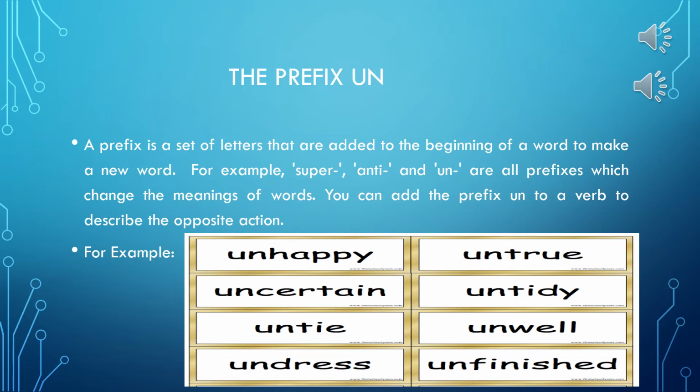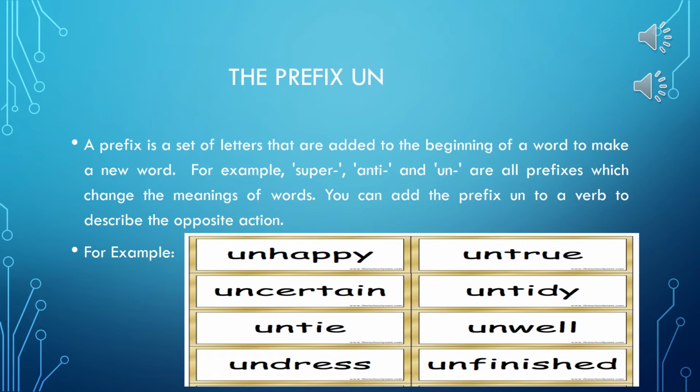There are other words as well, like uncertain, untie. Like when I say, tie up your laces. When you go to school, you tie up your shoelaces. When you come back from school, you untie your laces and then you take your shoes off. Undress. Undress means when you change your clothes, when you undress yourself. Untrue. There are some statements which are true and some which are untrue.